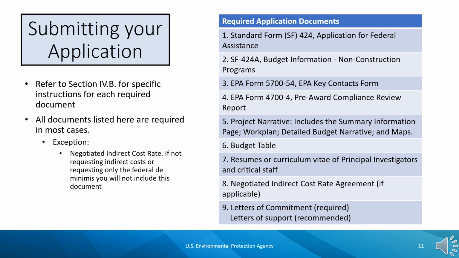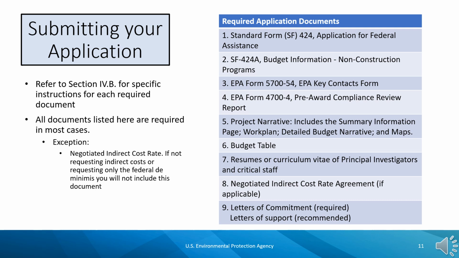The required application documents are the SF424, Application for Federal Assistance, the SF424A for the budget information, EPA Form 5700-54 for key contacts for the project, EPA Form 4700-4, which is the pre-award compliance review, the project narrative, which includes a summary information page, work plan, detailed budget narrative and maps, the budget table, and resumes or CVs of principal investigators and critical staff. The negotiated indirect cost rate agreement, if applicable.